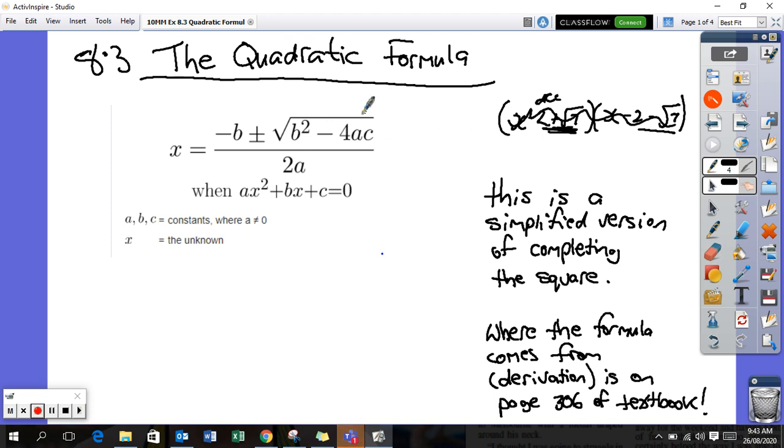So what we've got here in chapter 8.3 is this quadratic formula, and the quadratic formula actually uses completing the square. Now, on page 306 of your textbook, there is a derivation of the formula, where it actually comes from. You do not have to know that. You can look at it if you want, and I strongly encourage you to work through it and see if you can follow the steps, but you do not have to remember it.